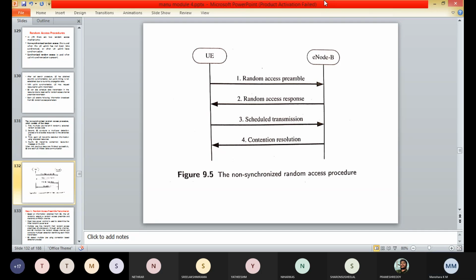Coming to the fourth step, it is contention resolution.